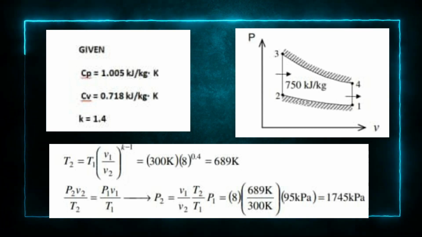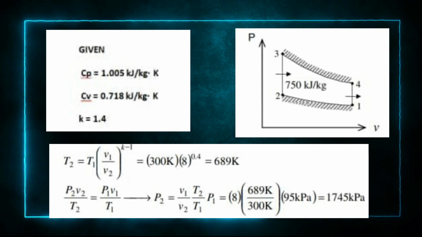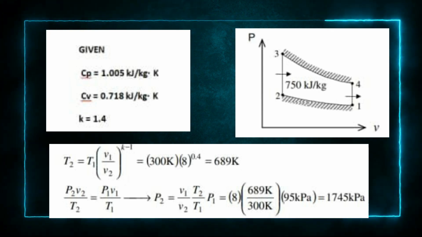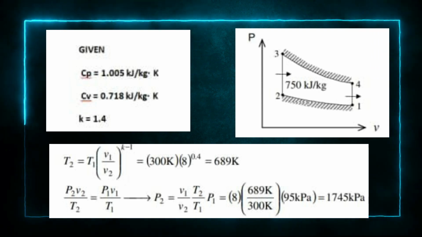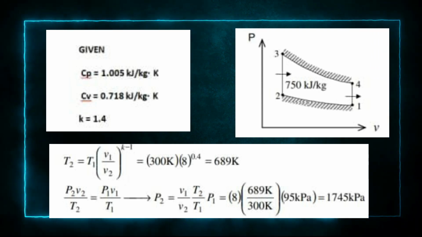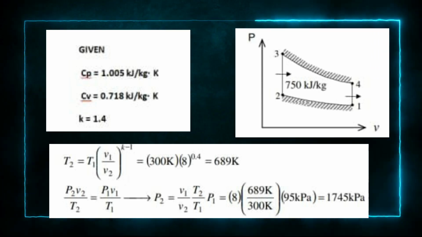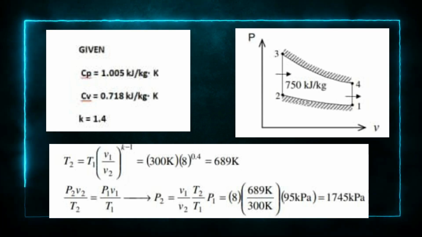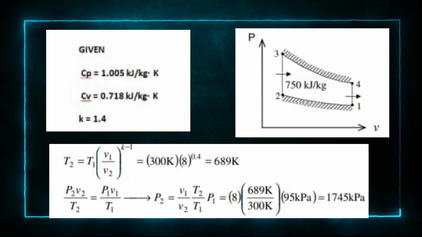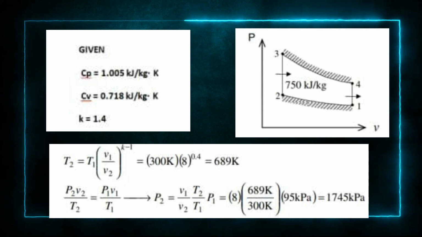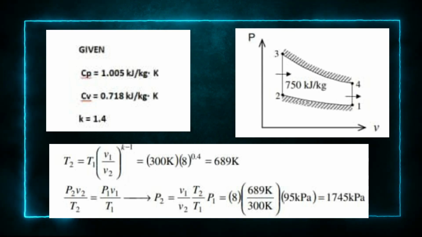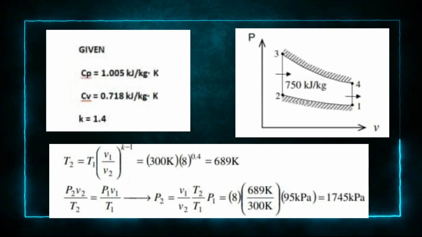And then we derive the formula into P2 equals V1 T2 over V2 T1 times P1. Substituting, 8 times 689 K over 300 K times 95 kPa, and the K cancels, and it equals 1745 kPa.